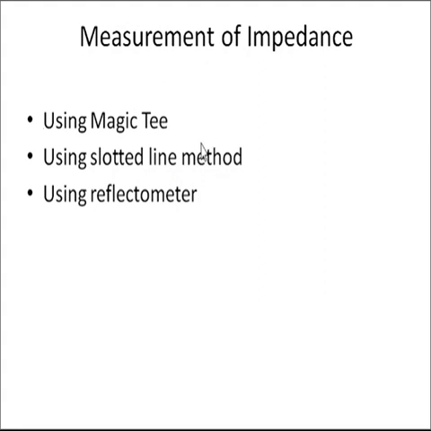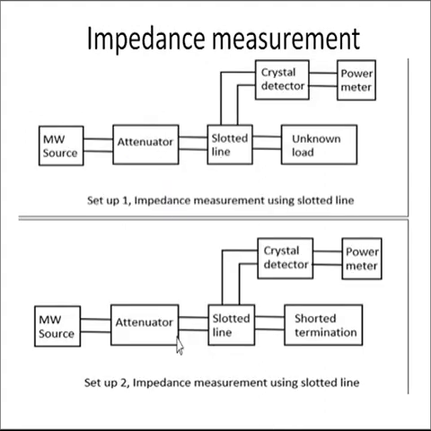Here we are going to see how the unknown impedance can be measured using the slotted line method and the reflectometer method. First we are going to discuss the slotted line method. These are the setups for measuring the unknown impedance in the slotted line method.